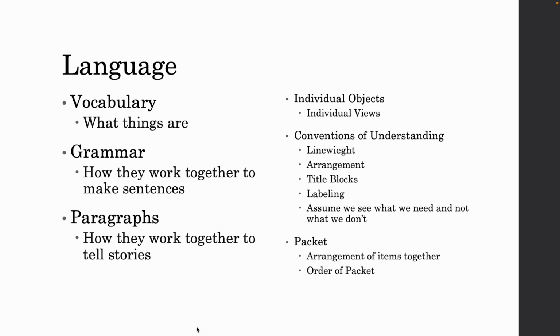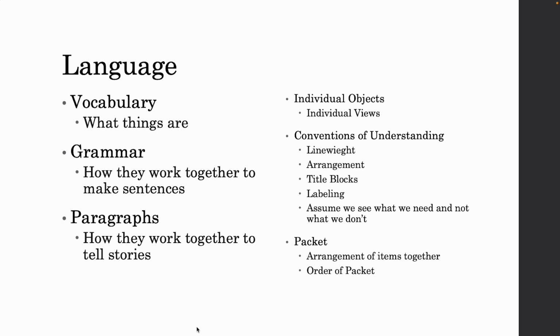So that is, in drafting, how we convey the conventions of understanding. So line weight helps us to understand so that all of the lines don't become this gobbledygook. We arrange things in a particular way to help people better digest the two-dimensional into the three-dimensional form. And that is specific to drafting. We use title blocks in the right place to tell us the right information at the right time, and labeling to connect pieces together.